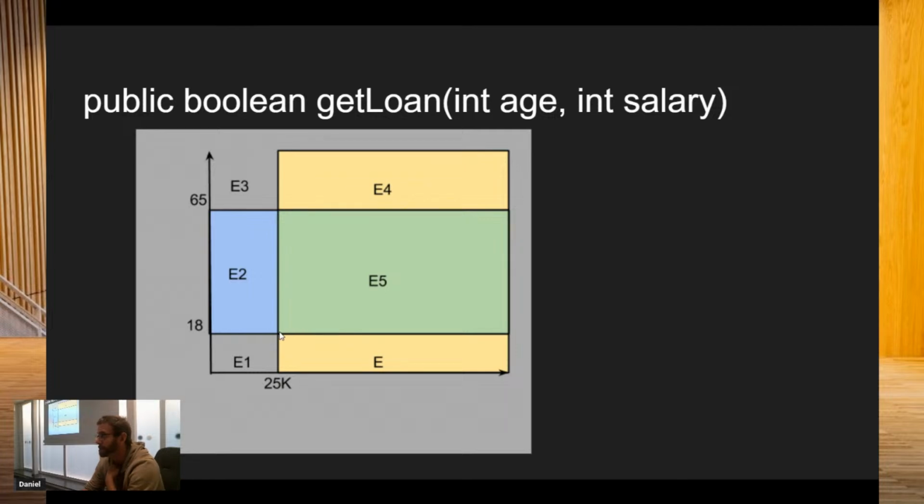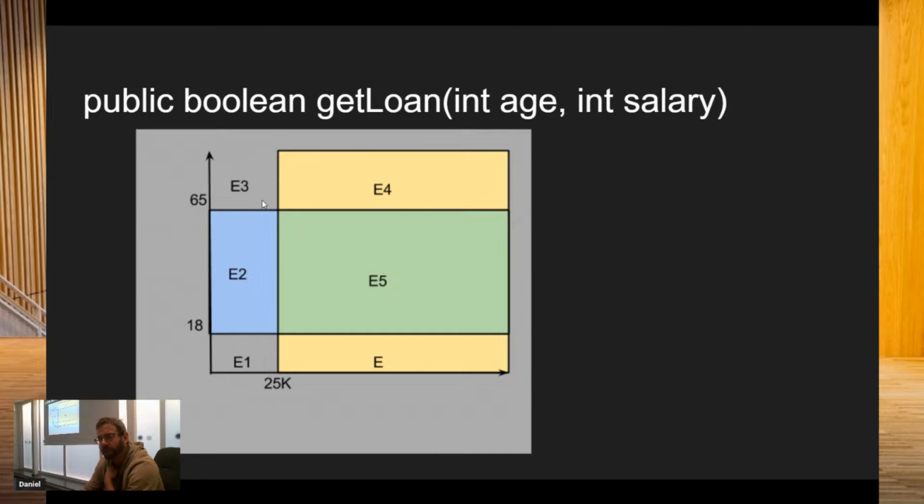I would probably want to have one test case up here also within this one, just to make sure that I'm getting a loan when I'm 64 and I'm earning 25,000. And then I would have one test case where I have a salary of 25,000, but I'm underage. And then one where I have a salary and I'm over age.